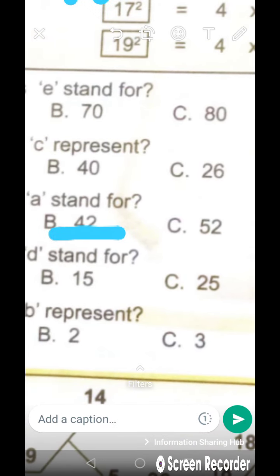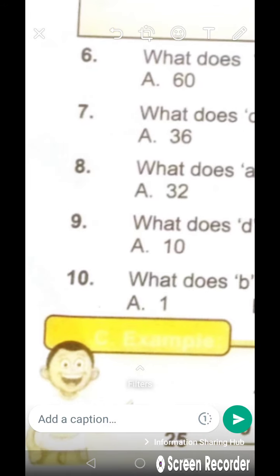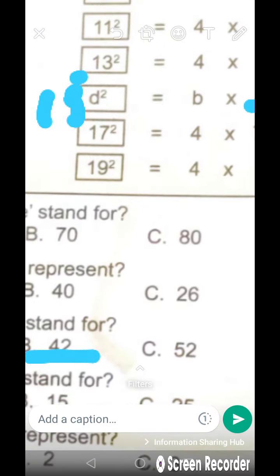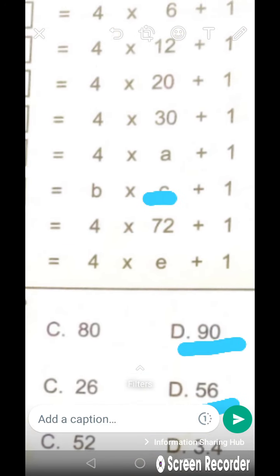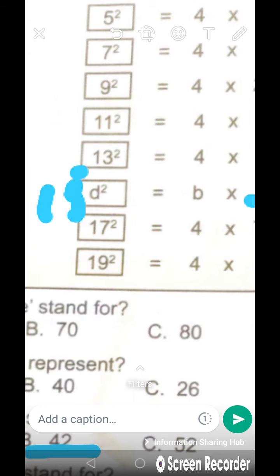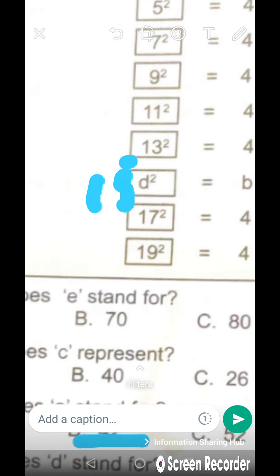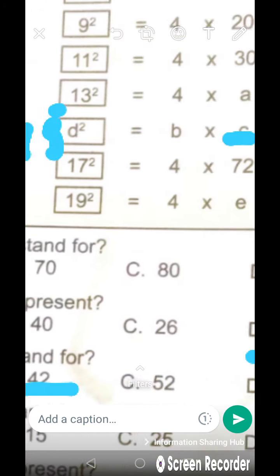So let's check the next question. We've answered that already. We've answered number 8. Let's look at number 9. What does D represent? Let's look for D. Oh, we've already answered that. D is 15.